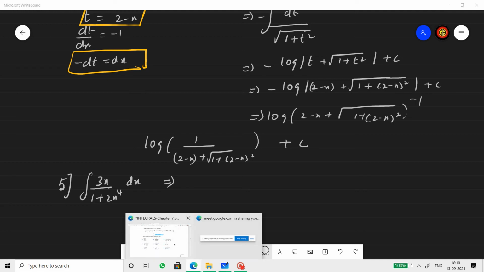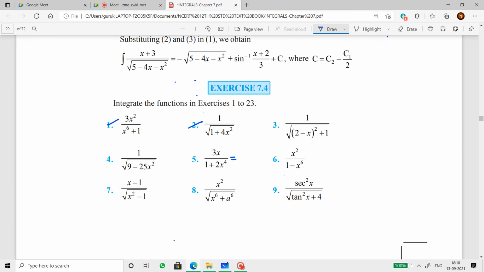Now question number 4. Question number 4, 1 by root over 9 minus 25x square. Now here x square contains a coefficient which is not allowed if I have to apply the formula. So inside the root, I'm going to multiply and divide by 25. When I do so, the into 25 will come out of the root as 5.